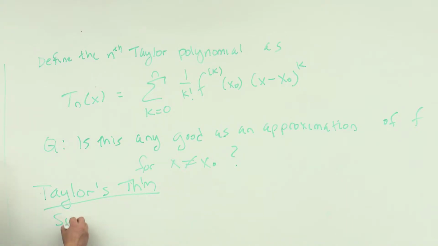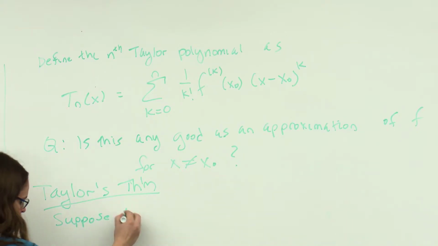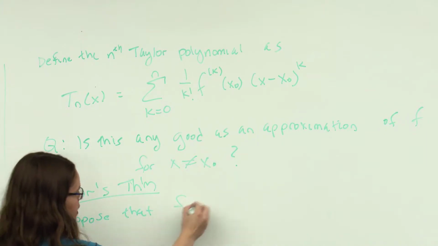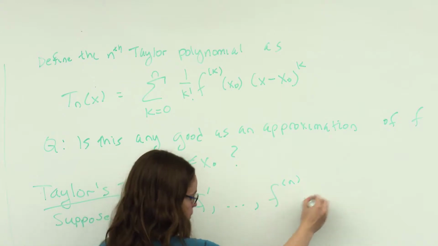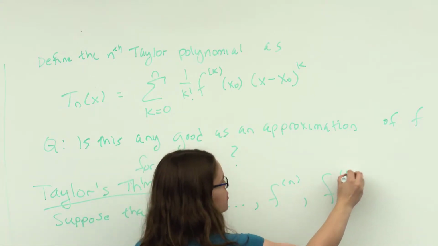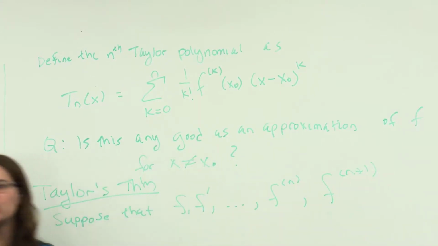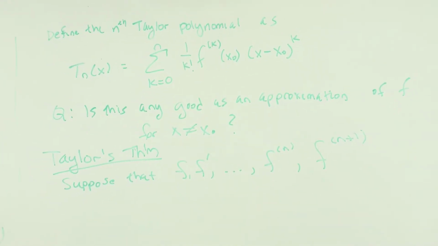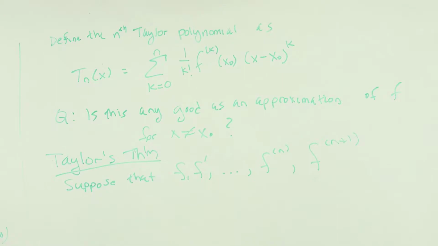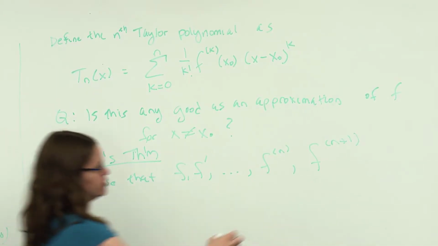Okay, so we're going to suppose that f prime all the way up to the nth derivative, and then I'm going to go one more, all the way up to the n plus first derivative. You can weaken that a little bit, but this is going to make the proof easier. Okay, these are all nice functions.